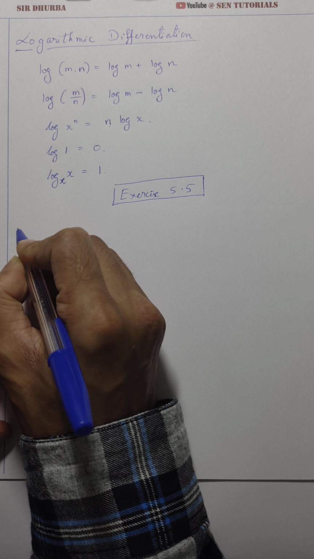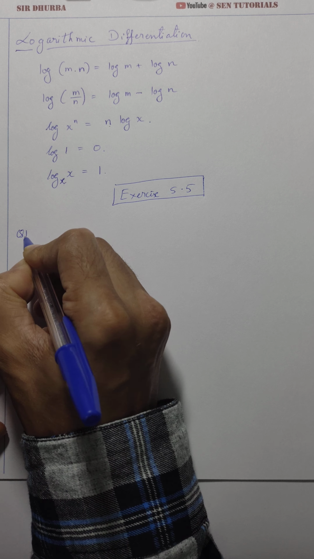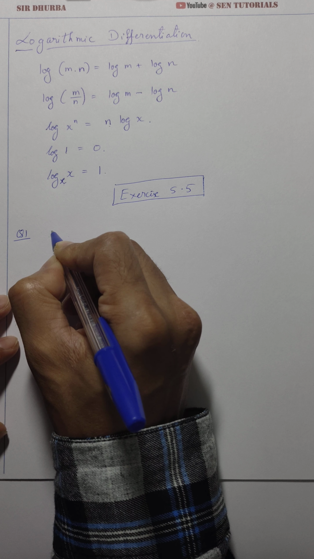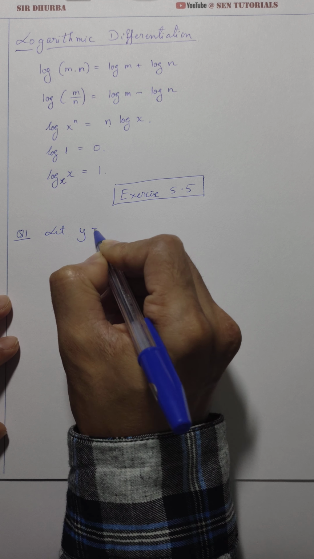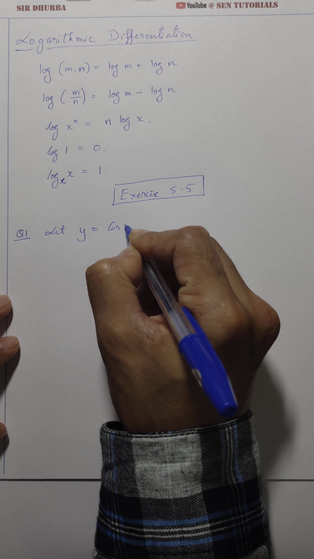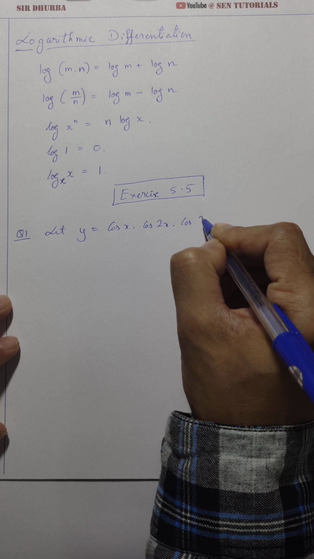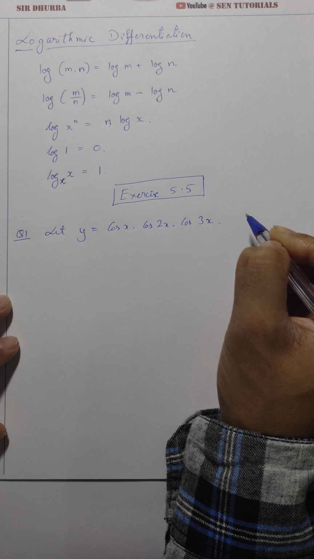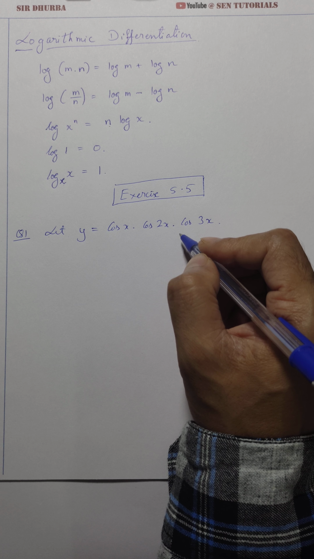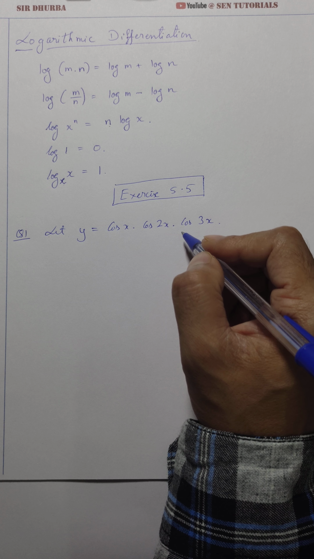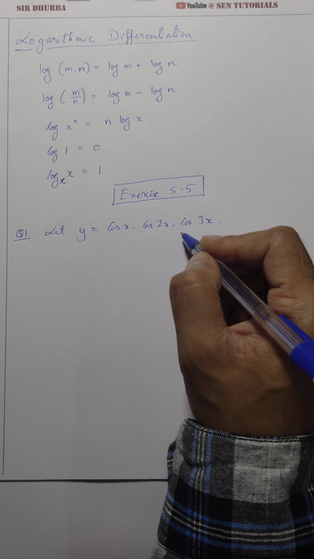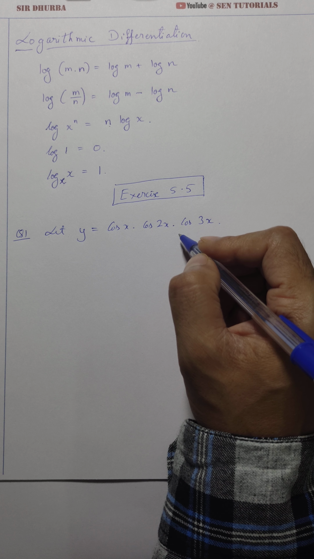Like in exercise 5.5, the first question that we have is, okay, I'll just start the solution straight away. Let y equal to cos x into cos 2x into cos 3x. Since we are learning logarithmic differentiation, it's not that you will have to really use logarithm.